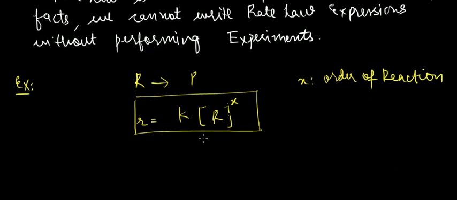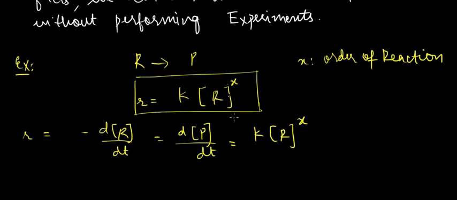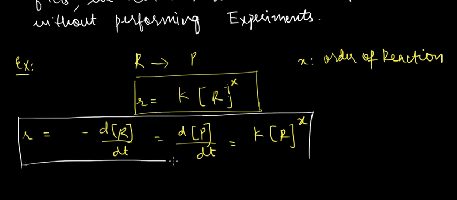Hence we know that R can be written as minus dR by dt, which is the rate of disappearance of reactant, divided by its stoichiometric coefficient, which is 1, which should be equal to the rate of appearance of product, dP by dt, divided by the stoichiometric coefficient of product, which is 1, which should be equal to K times concentration of reactant raised to the power X, where X is the order of reaction. So now we can write the expression by equating all three.